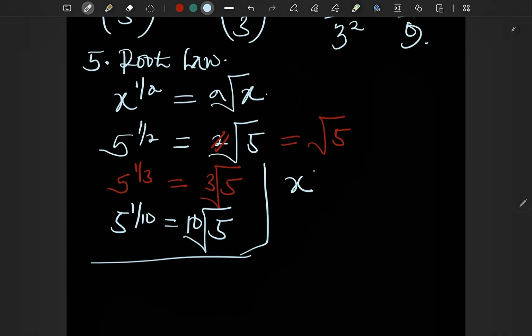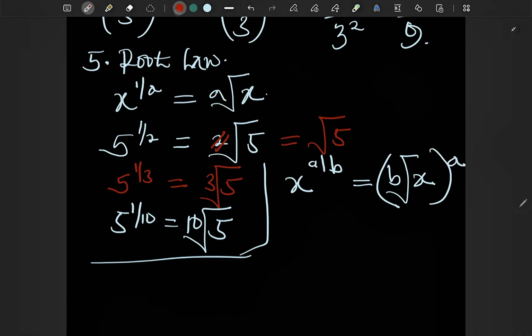Let's say x raised to power a over b. X raised to power a over b, this is equal to b root of x, all enclosed in a bracket, raised to power a. Pay attention. The denominator would always be the root.